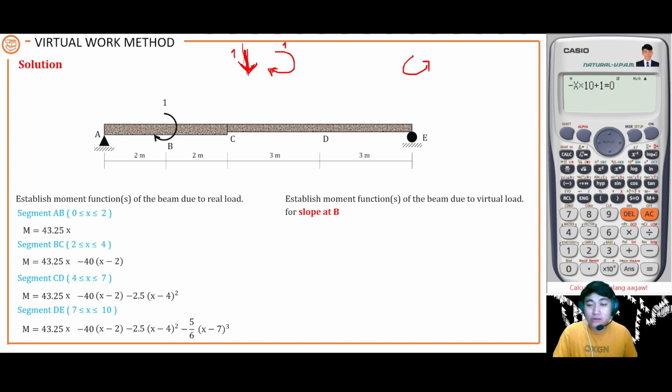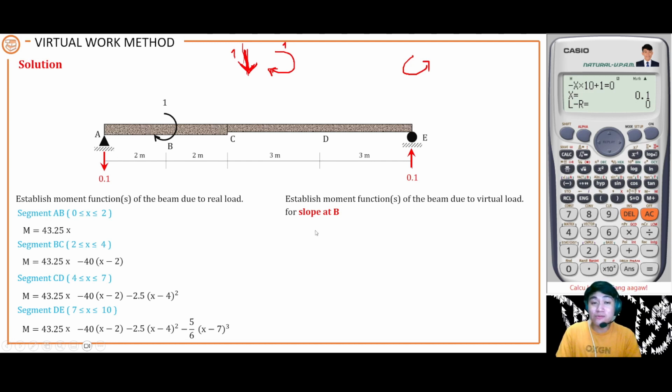These are the only moments about point E. Solving, the reaction at A is 1 unit, downward. There are only two forces acting on your beam because we only have a 1 unit load, the virtual load. You already removed the real load since you're done with the moment functions. These are the reactions of the supports.